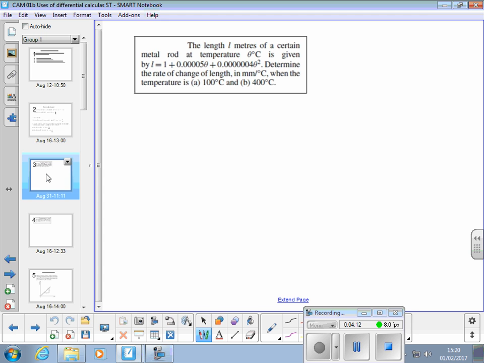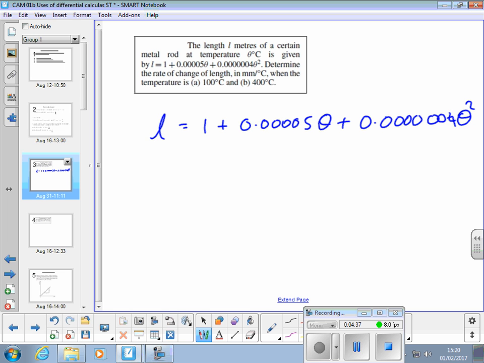We've got a function where the length of this rod is equal to 1 plus 0.405 theta plus 0.12345 theta squared.